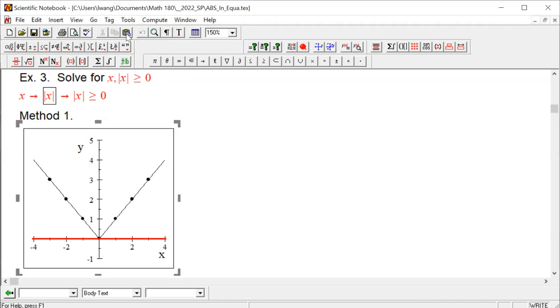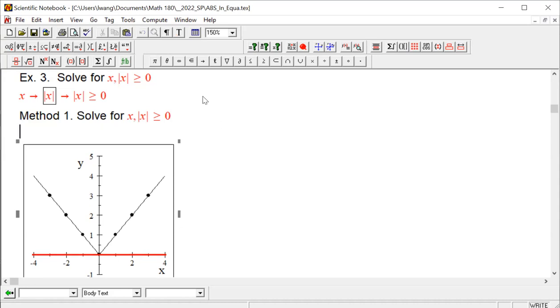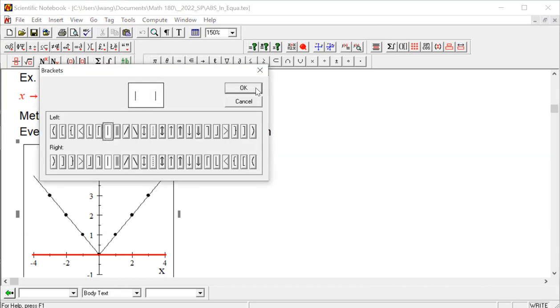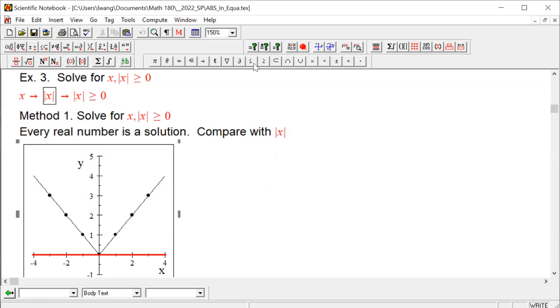So for that reason, what do you think will be the solution? The solution is all real numbers. Every real number is a solution. Compare with absolute value less than or equal to 0. What's the difference?